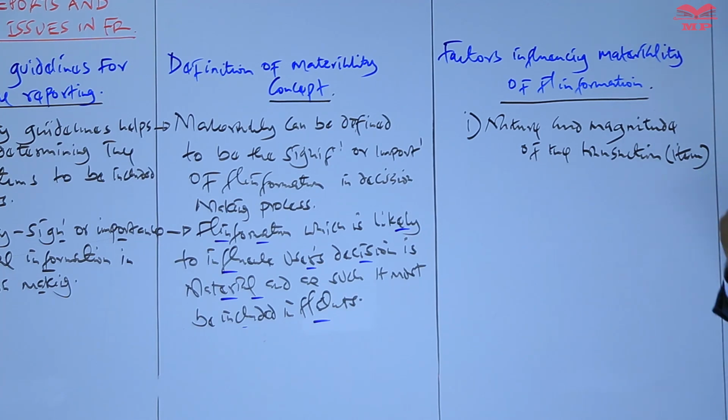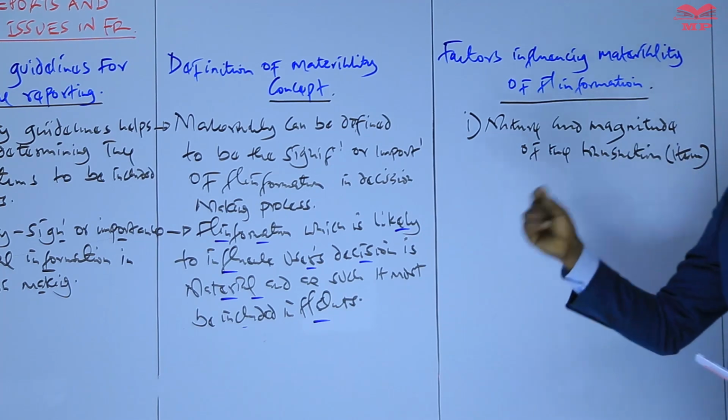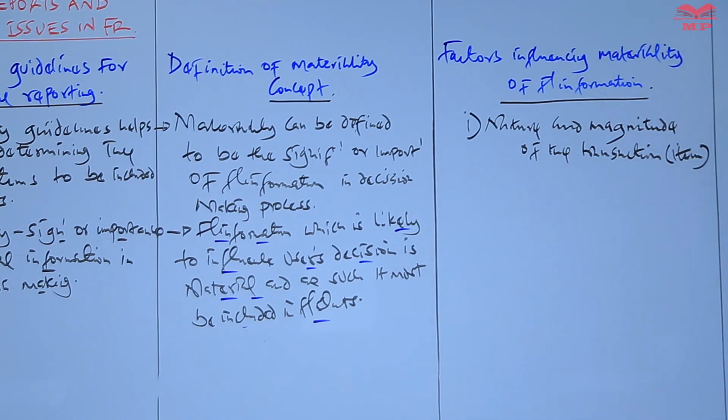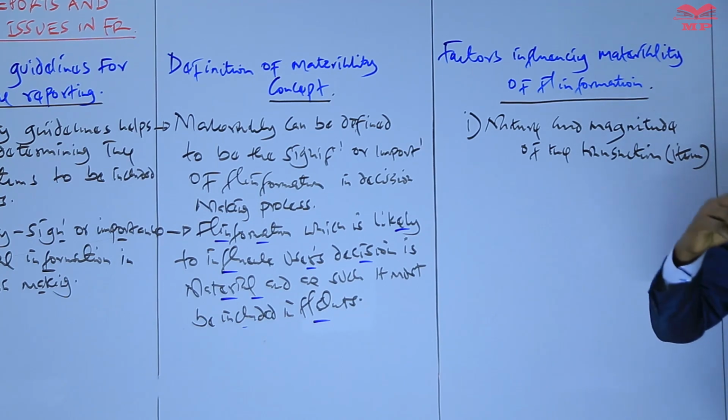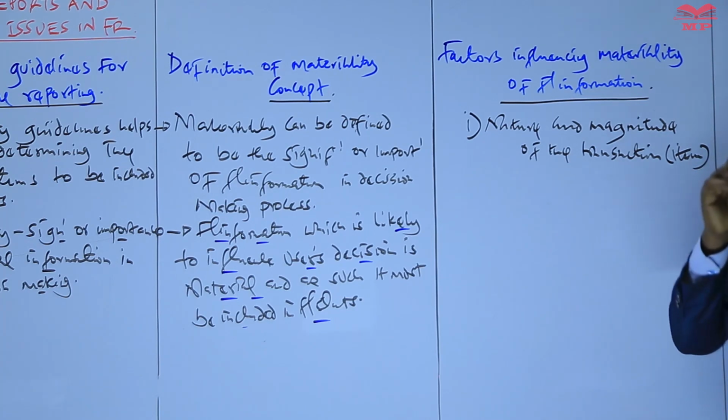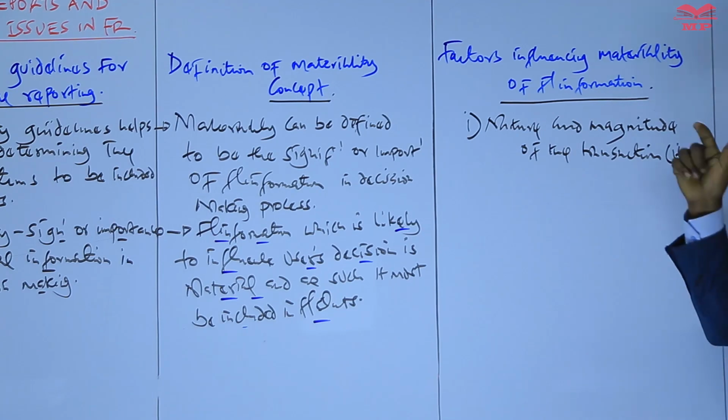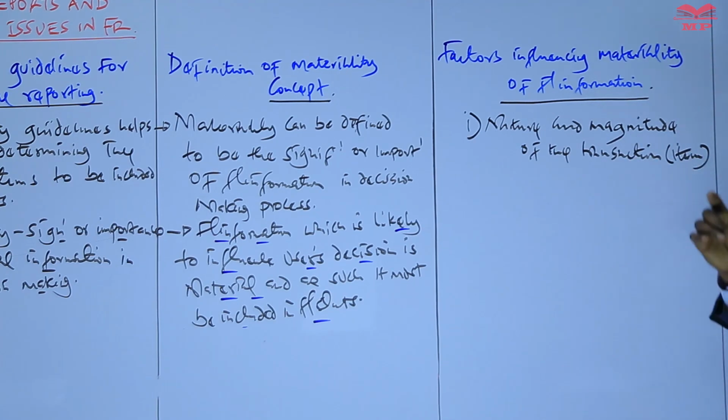They are material because if they are omitted from the financial statements, then those statements are misleading, because the decisions made by the users of the financial statements will be affected by the omission of a transaction involving a huge amount of money.